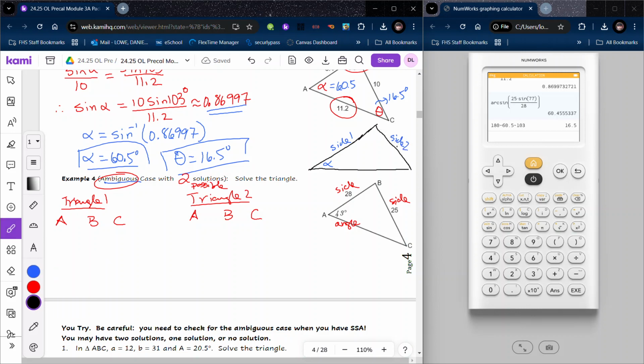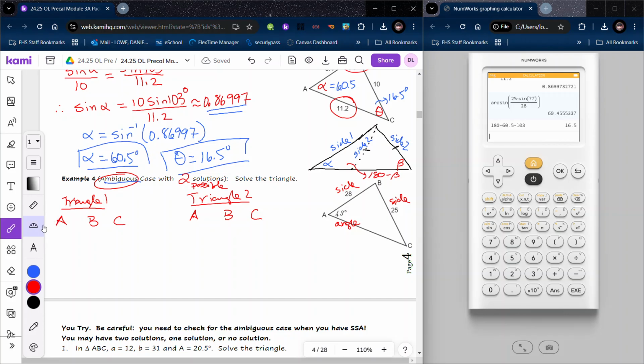Well, what if instead I took that side 2 and I rotated it in so it was the same length? Well, that would give me a second triangle that is possible. If this over here was angle beta, then the angle right in here would be 180 minus beta. And that's going to come into play for us.